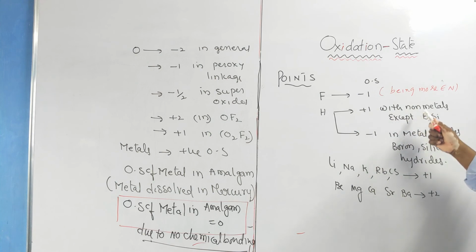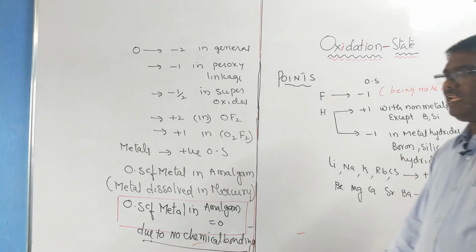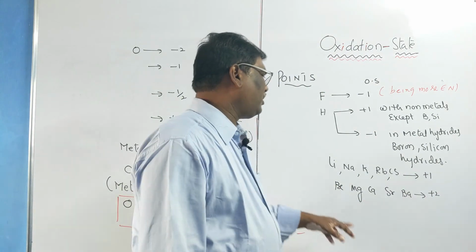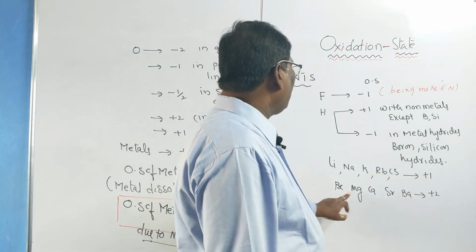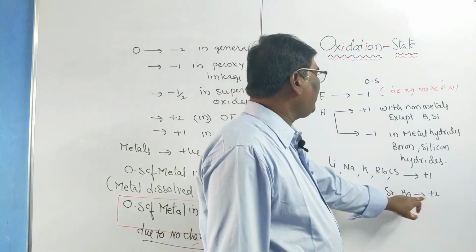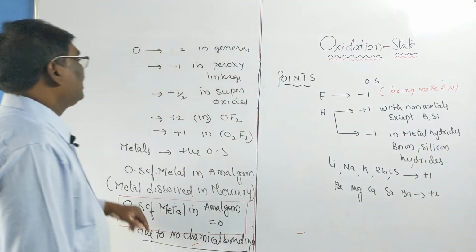Hydrogen +1 with non-metals except boron and silicon. It is given -1 in metal hydrides and hydrides of boron and silicon. Now alkali metals, lithium, sodium, potassium, rubidium, cesium are always given +1. Beryllium, magnesium, calcium, strontium, barium are always given +2.